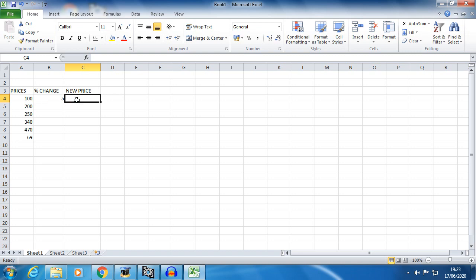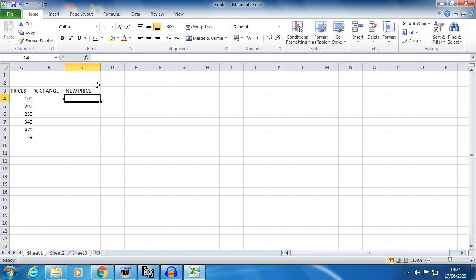So we want to do a calculation using Excel that will give us 105 as the answer. Now, I'm not going to give you too much of a maths lesson about how this works. I'm just going to show you how to do it in Excel. Because if you really want to learn about the maths, you need to do quite a few more exercises and learn the background to how percentages and decimals and fractions work.